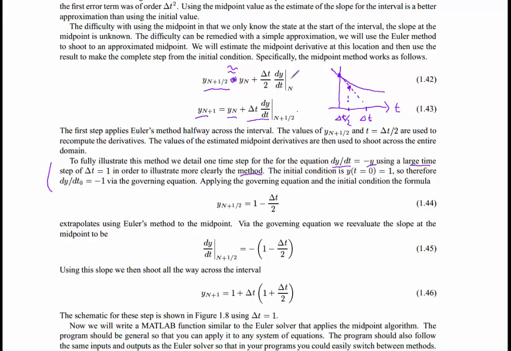Okay. Now when I'm starting out, my dy dt is going to be negative 1. So in that case, I'm going to have yn, which is 1, minus delta t over 2. This minus comes from the minus 1 here. All right. So that gives me my estimate of yn plus 1/2. And I'm going to use this estimate to estimate the slope. This value was equal to minus yn plus 1/2.